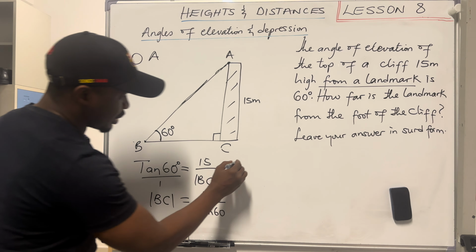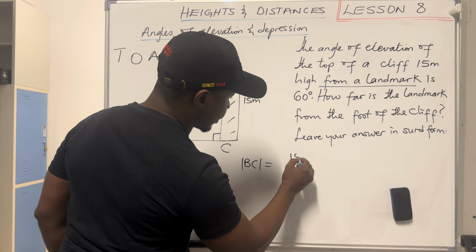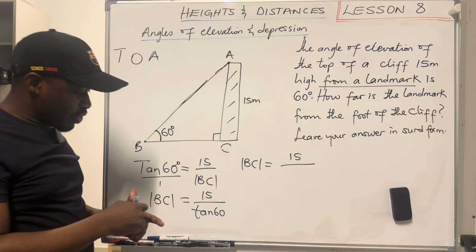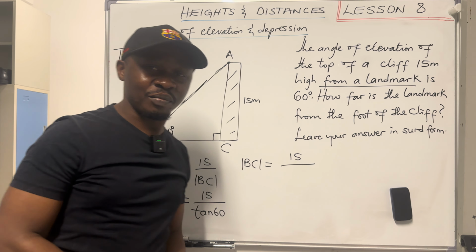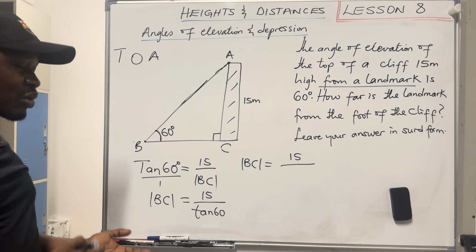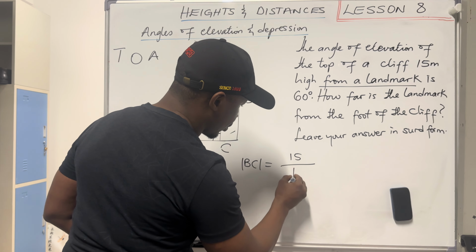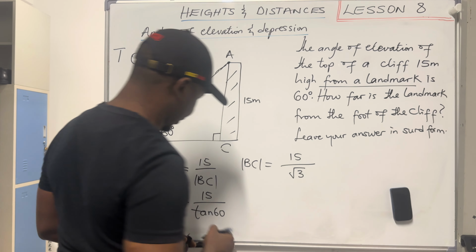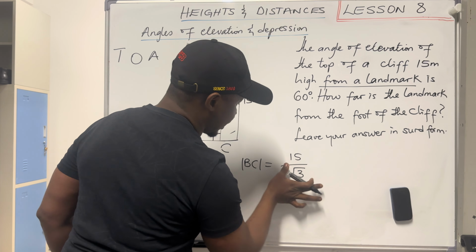So now BC is 15 over tan 60. We would have used the calculator, but they want the answer in short form. So what is tan 60? Tan 60 is root 3 over 1, which is just root 3. So this is your result.